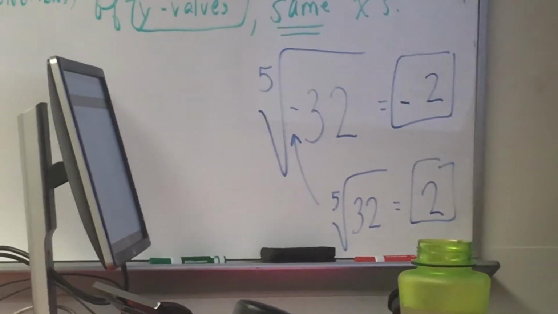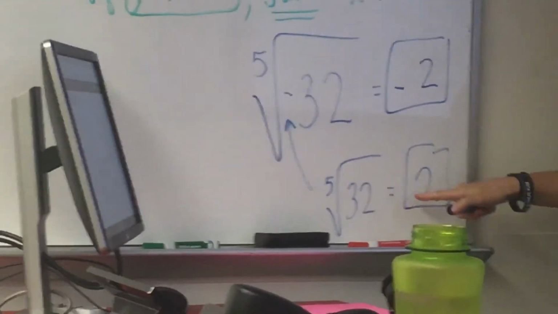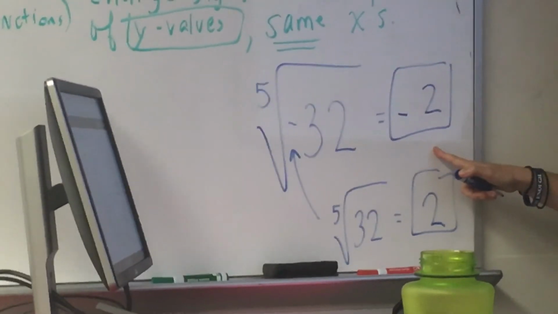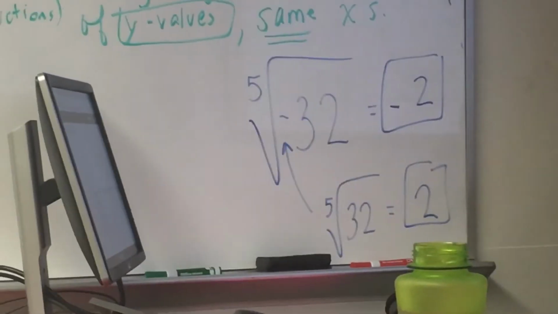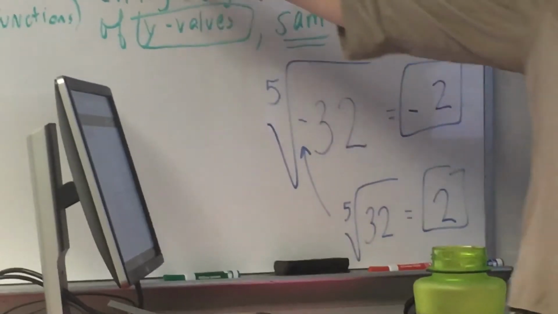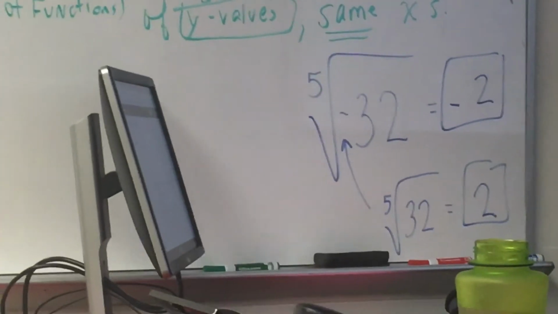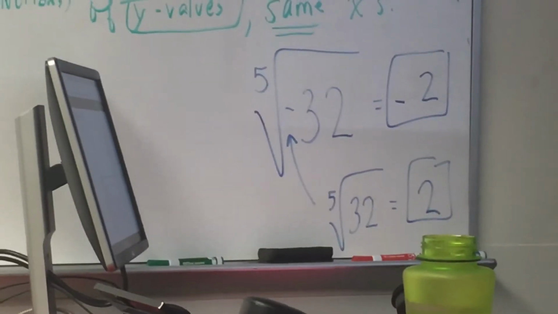Notice what happened, okay? When my x was positive, I had a positive y. When my x was negative, I got a negative y. So didn't we get the opposite? We did. Opposite is when we have origin typically. Yep. And so basically another way of saying that, you can either show me that you did it with numbers, or you can show me that you know this is always the opposite of the original.